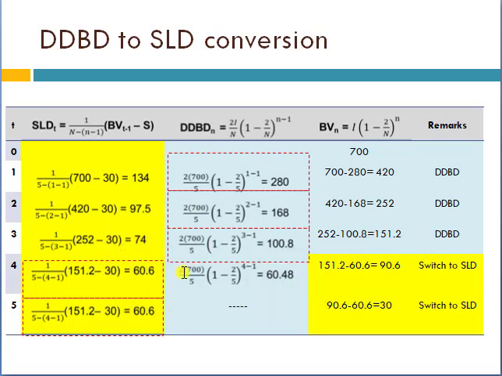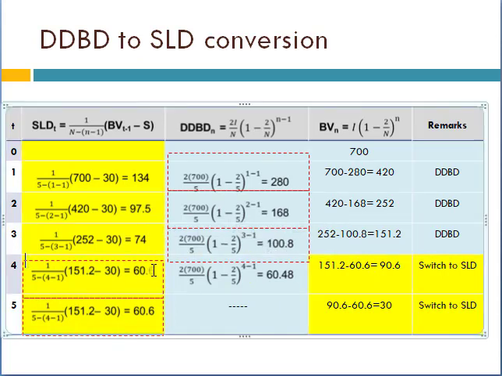Now the previous book value, for example in year 3, will be minus the depreciation value that comes from the SLD. Here it is. So it turns out 90.6. Put remarks that we are going to switch the DDBD into SLD and continue.